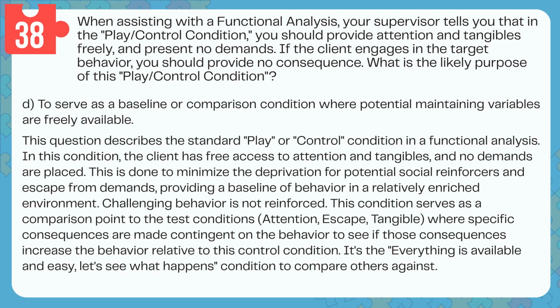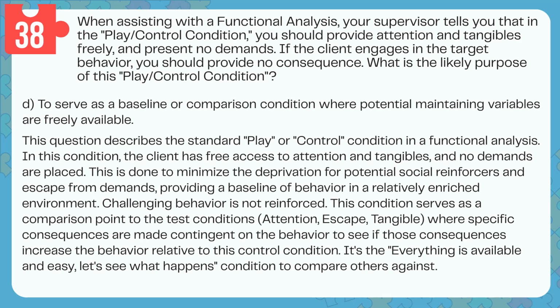Answer: D, to serve as a baseline or comparison condition where potential maintaining variables are freely available. This question describes the standard play or control condition in a functional analysis. In this condition, the client has free access to attention and tangibles, and no demands are placed. This is done to minimize the deprivation for potential social reinforcers and escape from demands, providing a baseline of behavior in a relatively enriched environment.